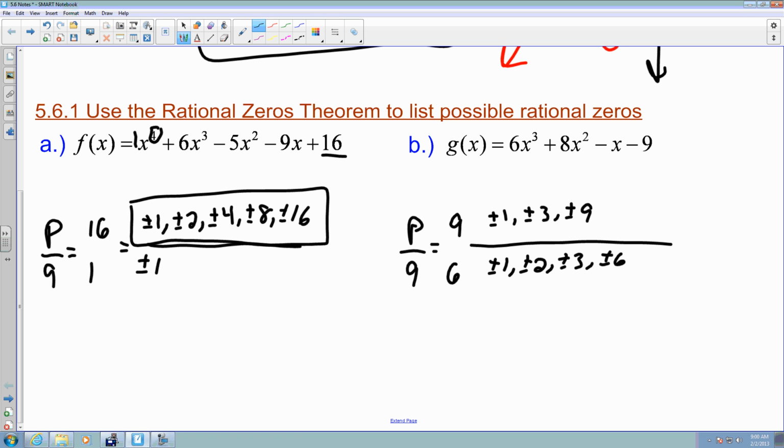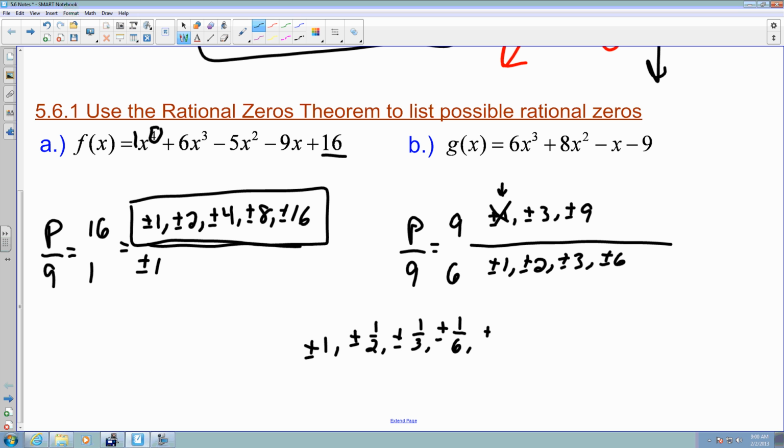First, I'm just going to pay attention to my plus or minus 1 in the numerator and attach it to each of them in the denominator. Plus or minus 1 divided by plus or minus 1 just gives me plus or minus 1. Plus or minus 1 divided by 2 is plus or minus 1/2. Then plus or minus 1/3 and plus or minus 1/6. I'm done with the 1. Now let's go to the 3.